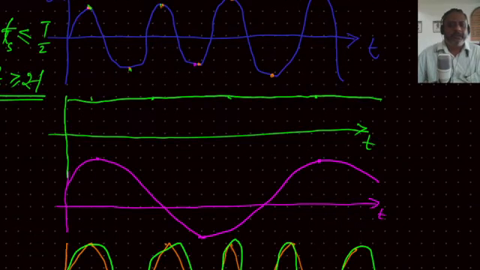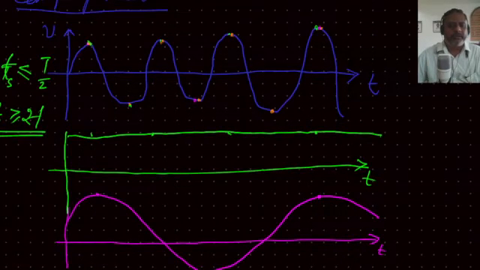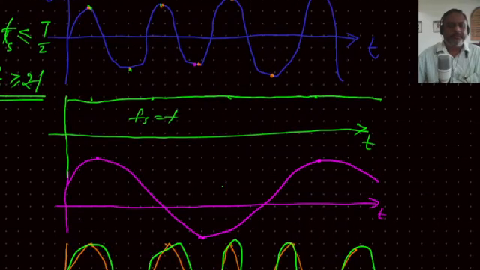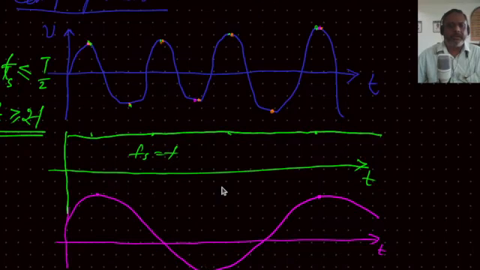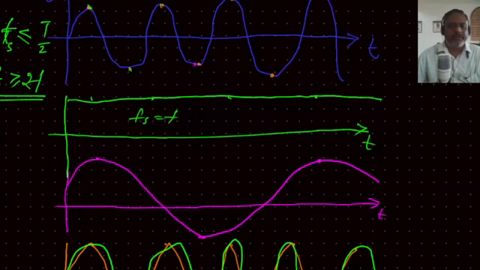If we take one sample in one period, that is fs equal to f, and we get this problem. In this case, not even one sample is taken in one cycle, so more than one cycle is required for one sample. That means the sampling rate is less than the actual frequency.